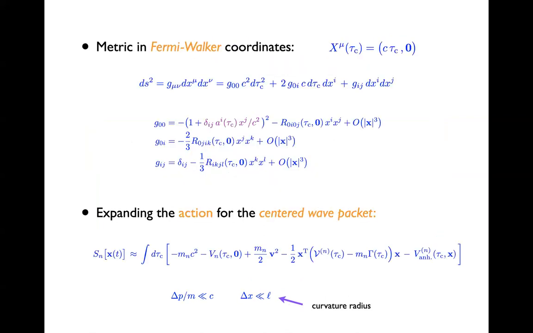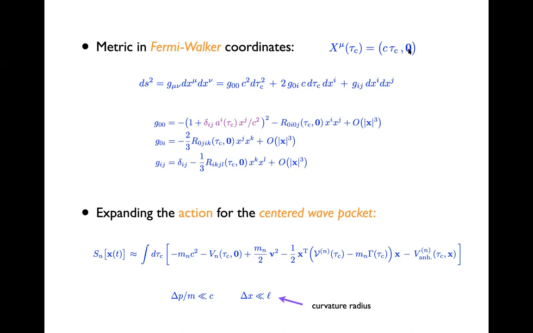So I usually don't spend much time on these technical aspects, but again, with this audience, the crucial thing, as I said, is using a co-moving frame for the description of these atomic wave packets that follow the different arms of the interferometer, and technically that corresponds to a Fermi-Walker frame in general, and the corresponding Fermi-Walker coordinates. In those coordinates, the world line that we are considering, the central trajectory for each atomic wave packet, takes this simple form.